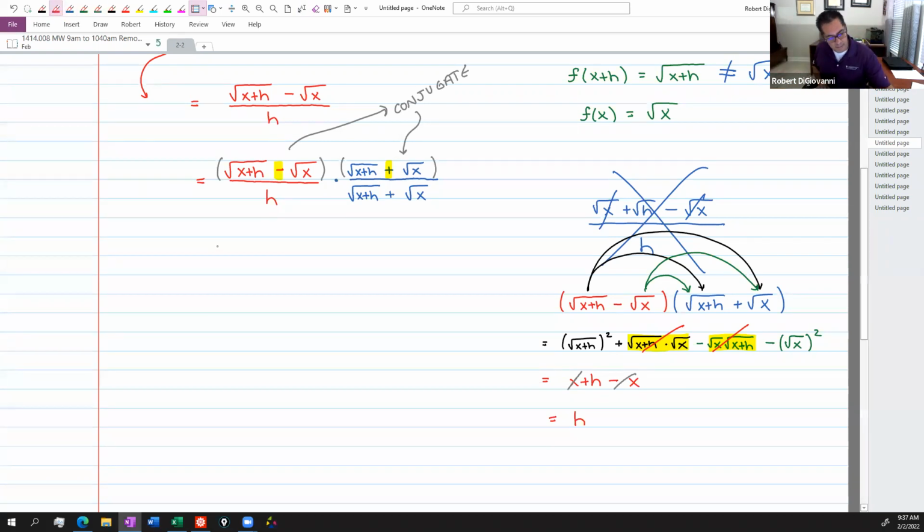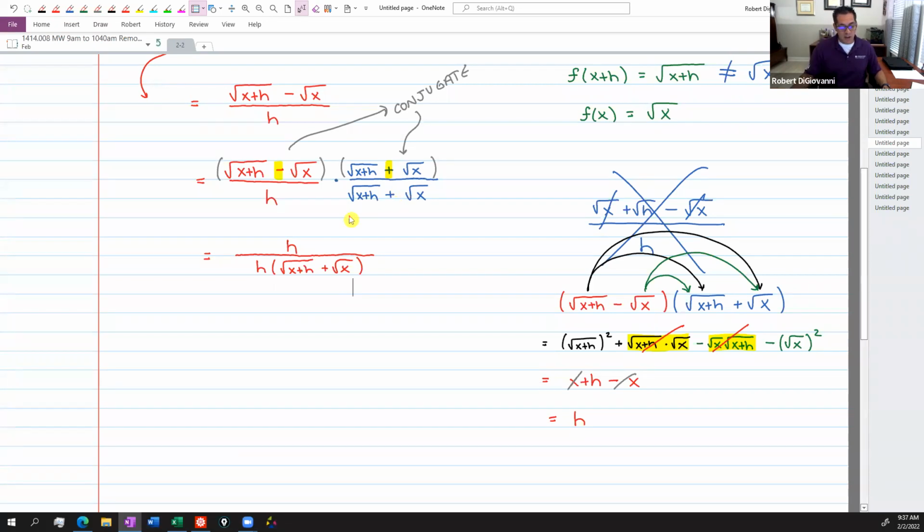So let me rewrite. This is equal to h over, now on the bottom I have h times this. I am not going to multiply that through. I'm going to leave the h outside. I could multiply the h through to both of these and just stick the h in front, but I'm not going to do it because remember the whole goal is to get that h to cancel.